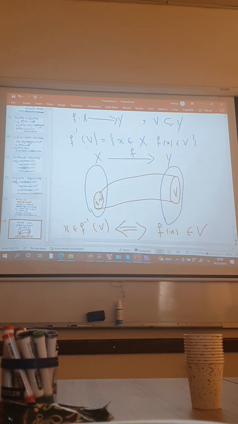For any subset V, the inverse image of V is a subset of X.